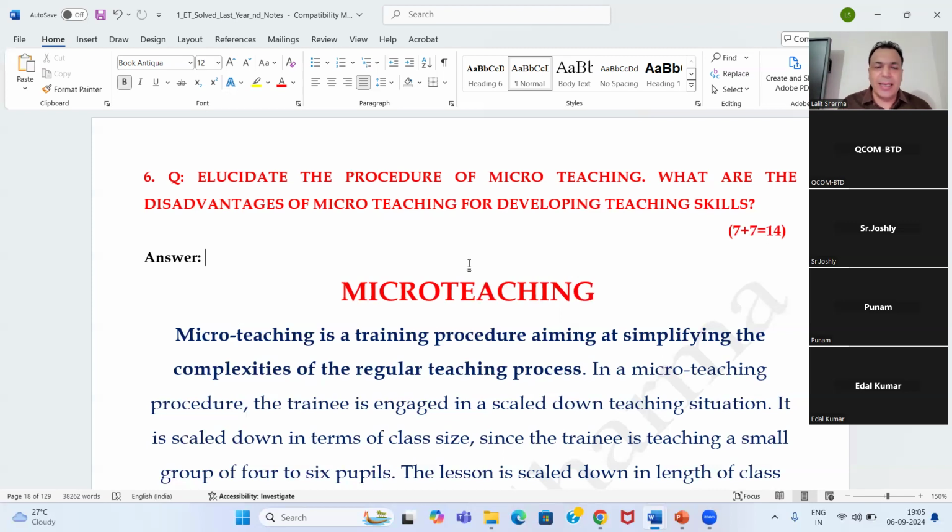So what happens when you are a B.Ed trainee or M.Ed trainee? There are a lot of skills, and you are trained in one particular skill at a time. For example, you have taken admission in the B.Ed and now you don't know how to teach.